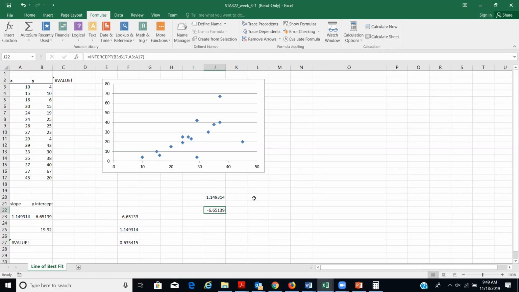So we've got minus 6.65. And it's minus a minus 6.65, right? Because that's where the intercept is: minus 6.65 over 1.15. So this becomes 6.65 over 1.15, which equals, and I'll pull out my handy dandy phone calculator.